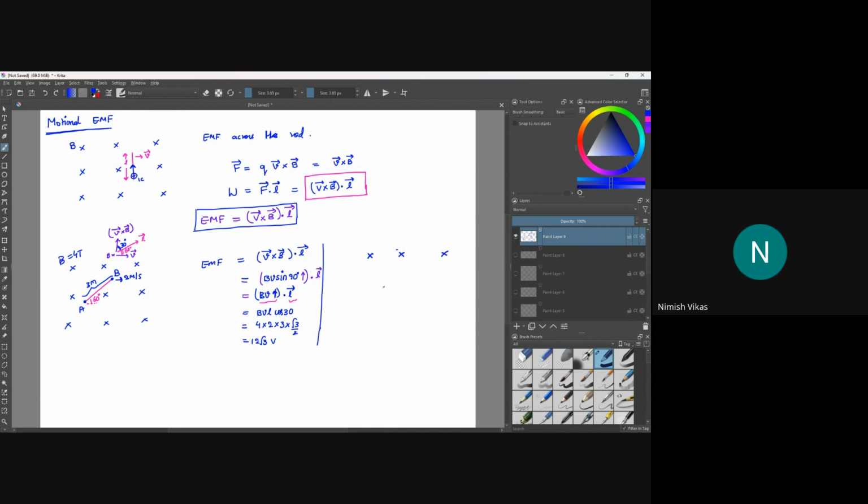So in these kind of questions, what you can do is break the rod into two components, horizontal component and vertical component. So this is 3 meter, so 60. So this will be 3 cos 60, which is 3 by 2.